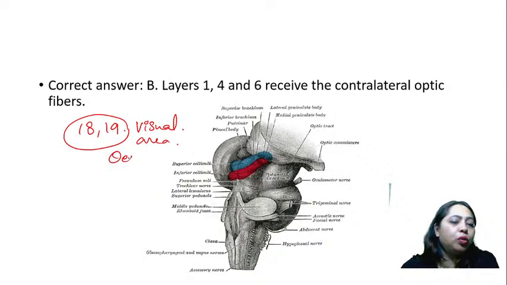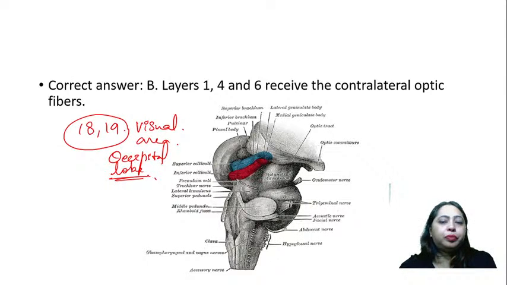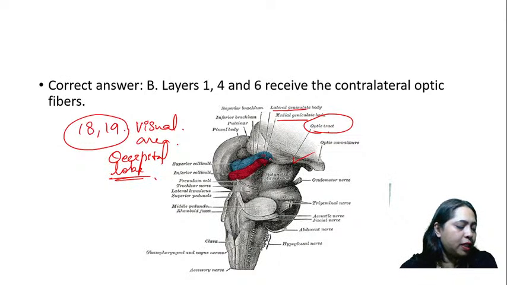In which lobe? Occipital. Okay, so this is how you can see the optic tract that is formed. And see the medial geniculate body and lateral geniculate body, and see where exactly it is and how it is related.